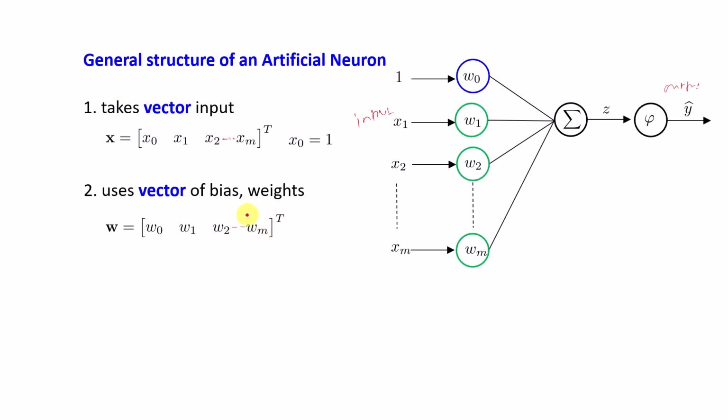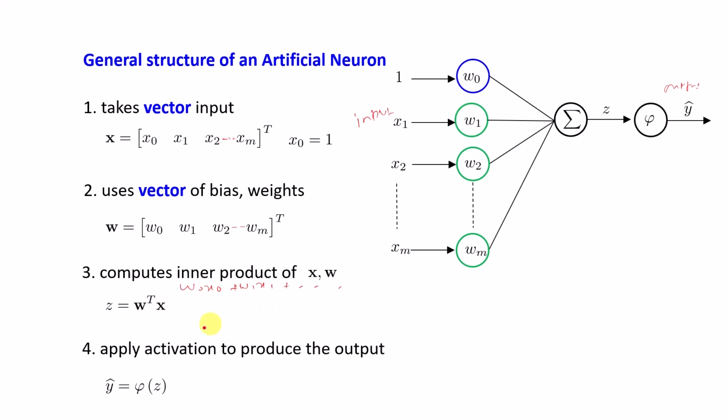After this vector input and weights and bias are given, the artificial neuron will first take an inner product of x and w. This will be w transpose x, which we know is equal to w0 x0 plus w1 x1, etc. Once this inner product is taken, we apply an activation.